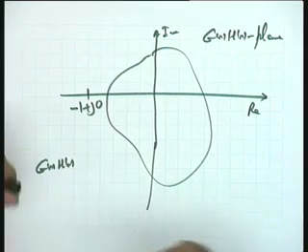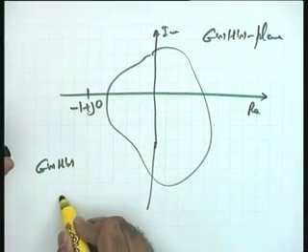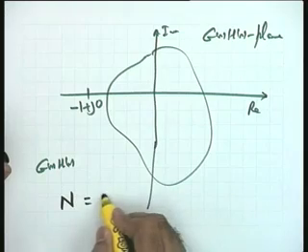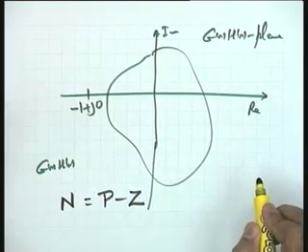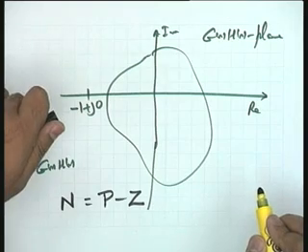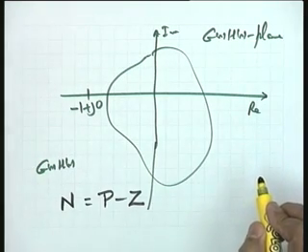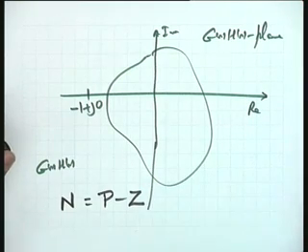And if the number of counterclockwise encirclements is equal to n, this is the criterion, then n is equal to p minus z, where p is the number of open loop poles enclosed by the Nyquist contour, and z is the number of zeros, which is equal to the number of closed loop poles of the system.